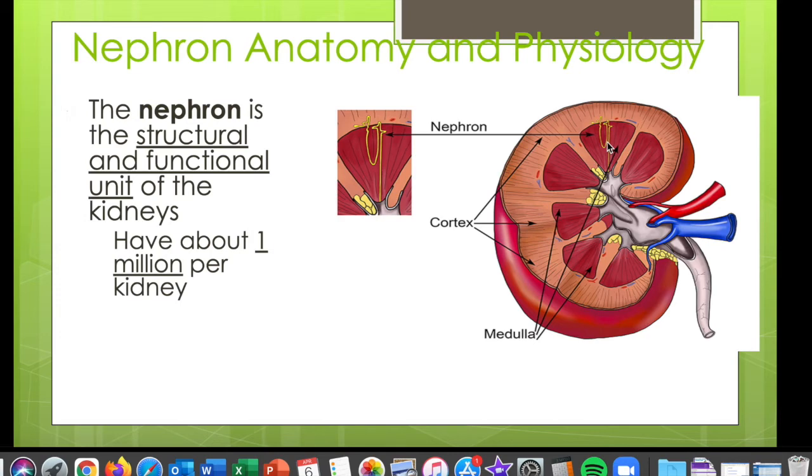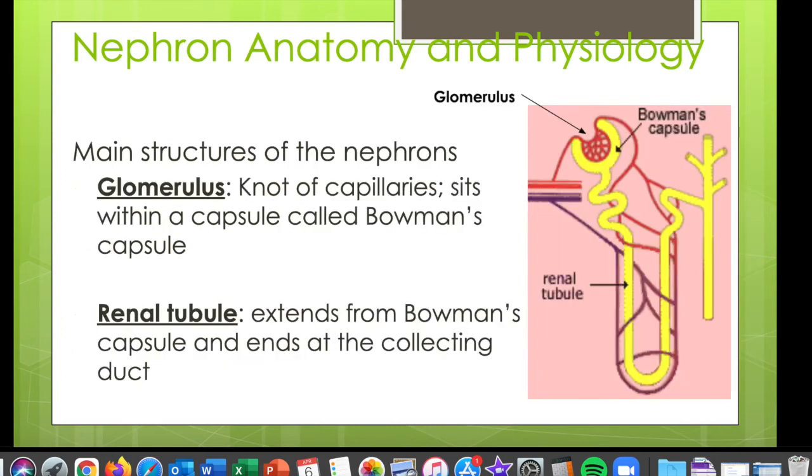So again, you're going to have millions of them in your kidneys. They are going to be what's responsible for forming urine. The blood will pass through the nephron because there's part of the nephron that has capillaries in it, and that's going to be where the filtration actually happens.